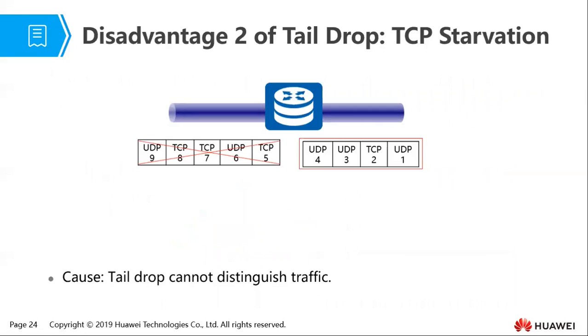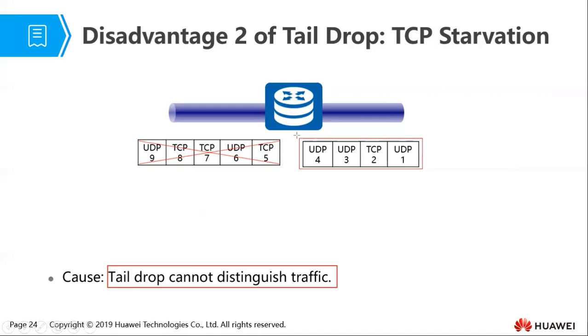Now, other than TCP global synchronization, the other problem with tail drop is what we call TCP starvation. What is TCP starvation, and how does it occur? Let me begin by saying that TCP starvation is caused because tail drop cannot distinguish traffic.